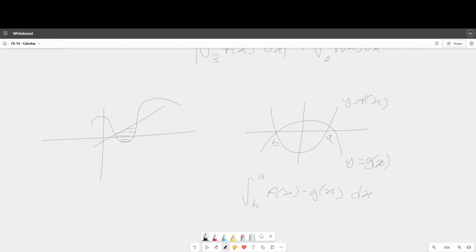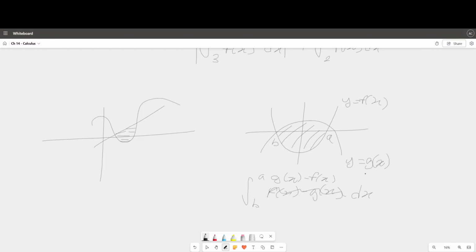Sorry, wait, one second. We have to find this area, right? So if you were to integrate g, okay, my bad, it's actually going to be the opposite. It's the top curve minus the bottom curve.